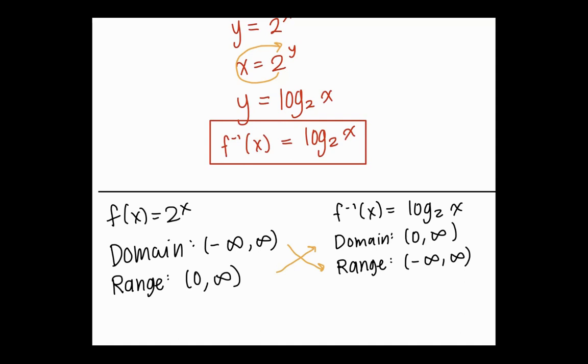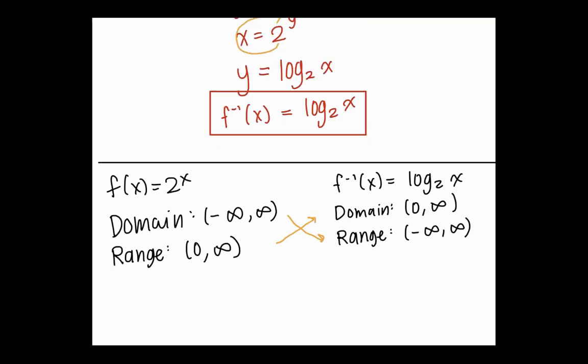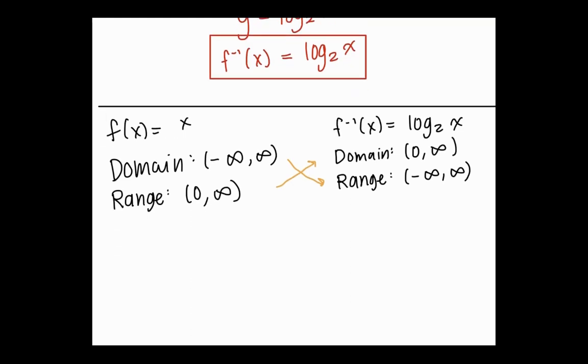Okay. Any questions on that? So in this right here, I put 2 to the x. Instead of writing a 2, I can say this is b.